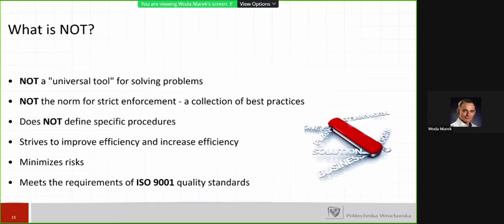So the biggest annoyance, as I mentioned on the previous slide, is the lack of specific procedures. It says it would be great if you handled the situation a certain way, but this is not described, like within ISO, that you should just have that and it will work. It's not true. Why?